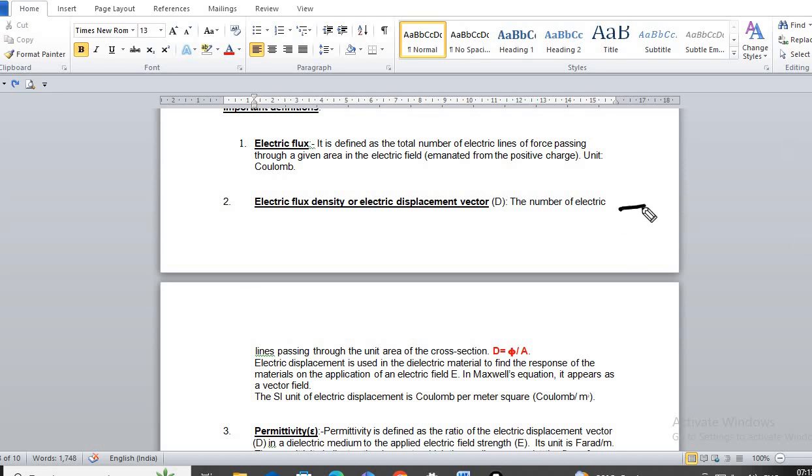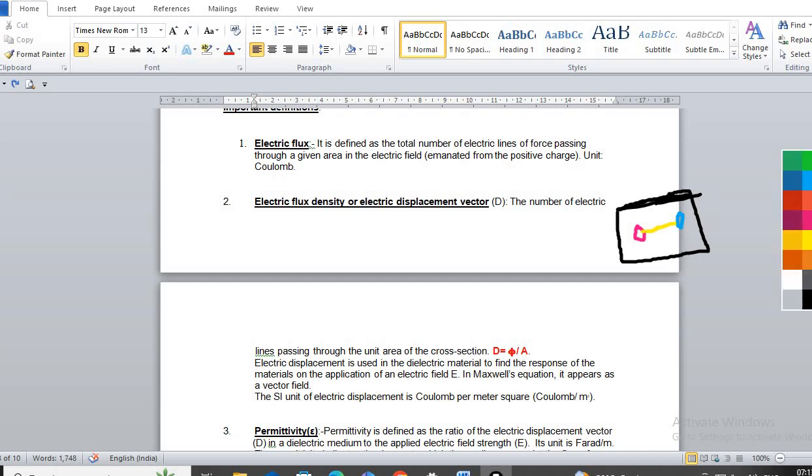If you have a dielectric material, as already mentioned, dielectric materials form dipoles. Whether we are applying the field or not, they have a permanent dipole. Dipole means on one side you have a positive charge, on the other side a negative charge, and they are separated by a distance.